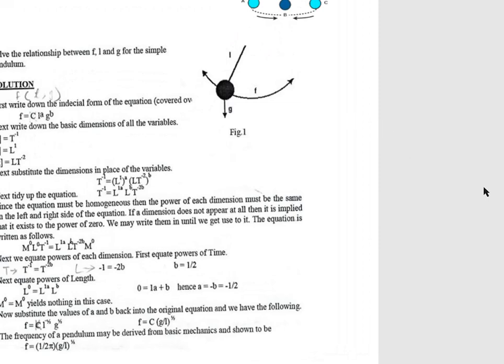You can see that the frequency f is proportional to the length and the gravity. Let me make it a little bigger. I hope it is visible to you. Anyway, the frequency of this pendulum depends on the length and the gravity, so the frequency is a function of length and gravity.